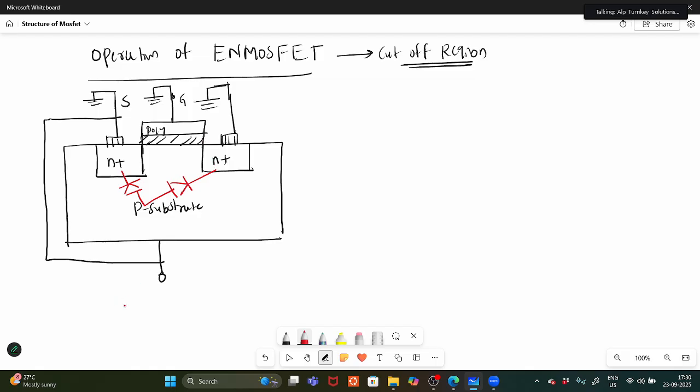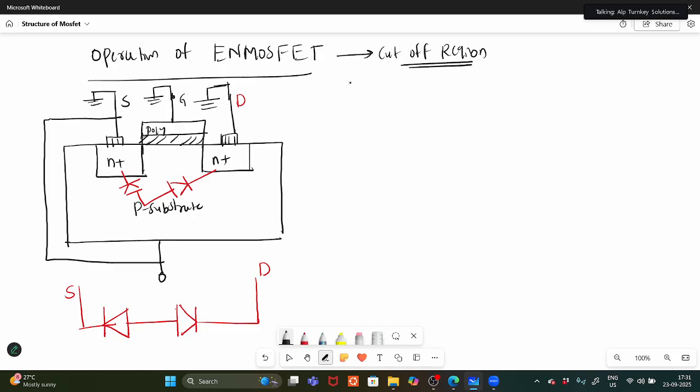Here this is the drain, and here you will get the source. So what is the condition for cutoff region?